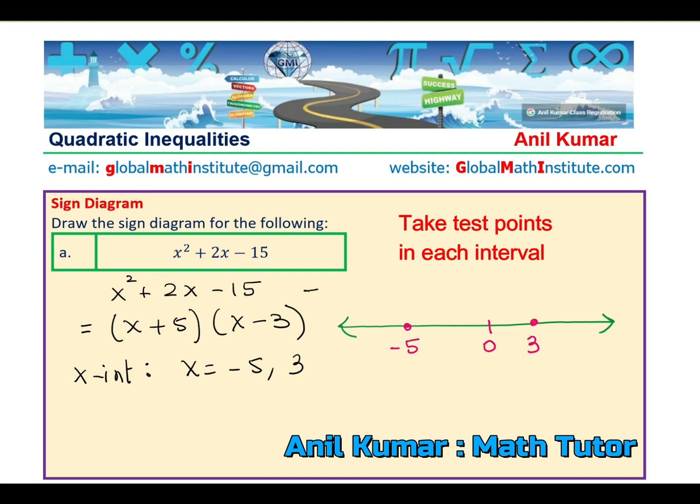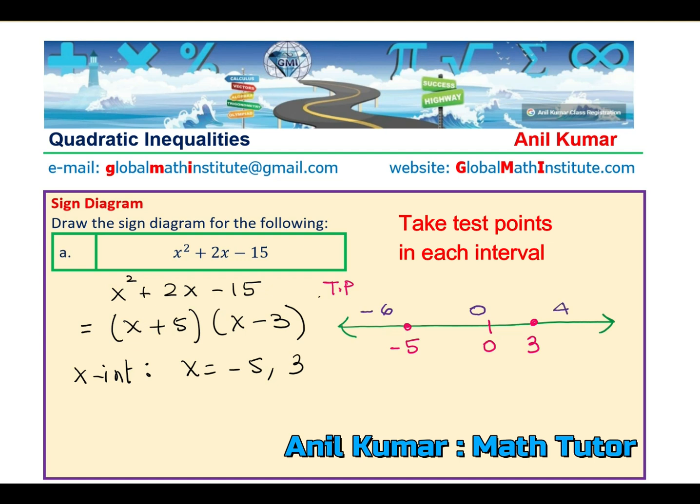We call them test points. So in each interval, we have a test point. Let's say this is -6. Here, we could take 0 as such a test point, and 4 on the other side.